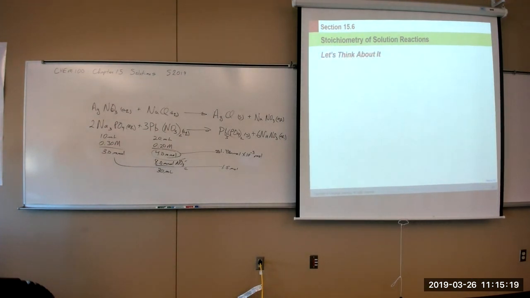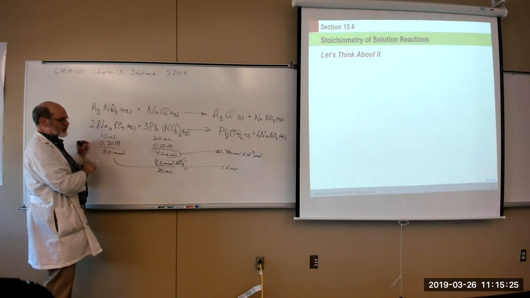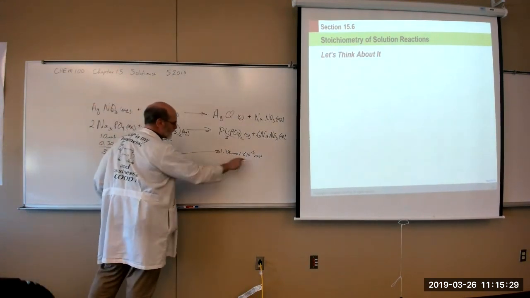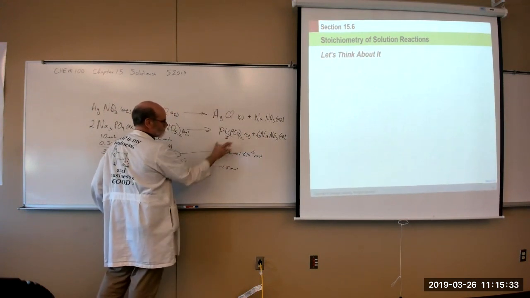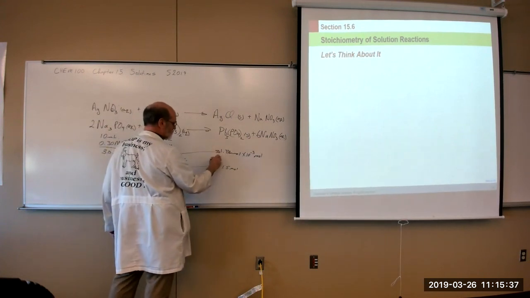What's the concentration of phosphate ions? Well, in that case, this is an excess. So what you have to do is say, all right, how many phosphate ions are we using? This many moles of that, and twice that of phosphate ions.